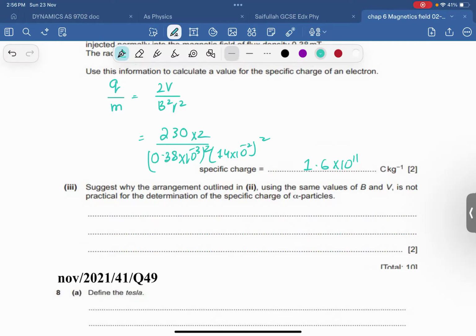So if we try to figure out the charge to mass ratio of the alpha particle, the charge is 2 times 1.6 exponent negative 19, and mass is 4 times 1.66 exponent negative 27.